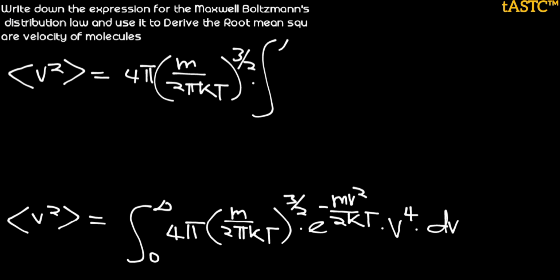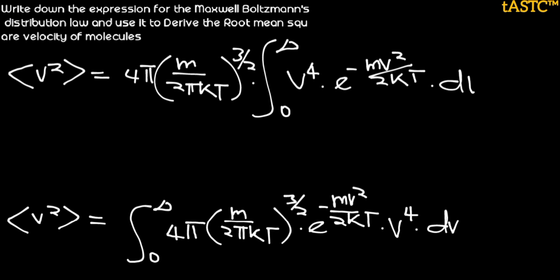And over here, we're going to have e raised to the power of a negative, well, v to the 4th first. And here we're going to have e to the negative mv squared divided by kT, multiplied by dv.